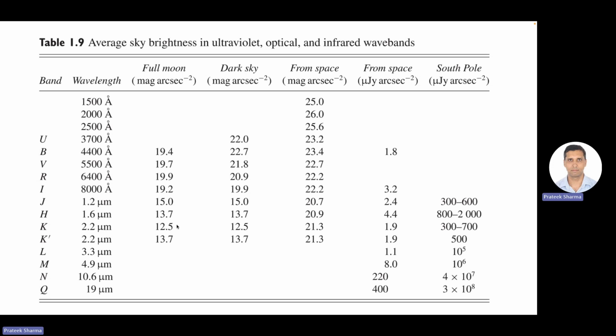But that's not how things actually normally work, because there is this atmosphere that we are surrounded by, and the atmosphere emits light in optical and in infrared, especially in infrared.